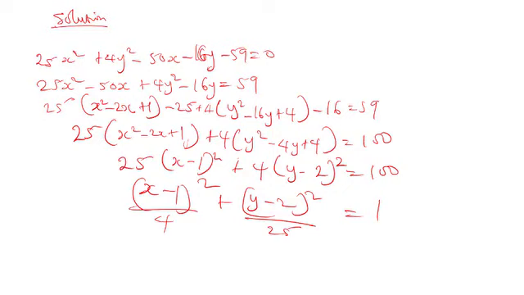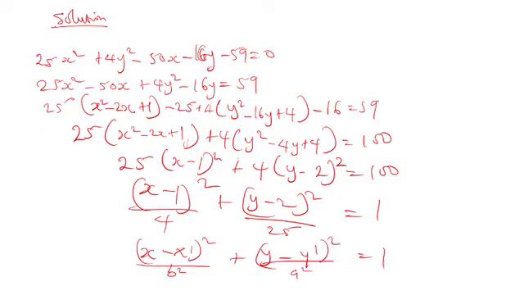If you compare it with our equation, x minus x prime squared over b squared plus y minus y prime squared over a squared equals 1, you can see that this equation has been placed in its conical form.